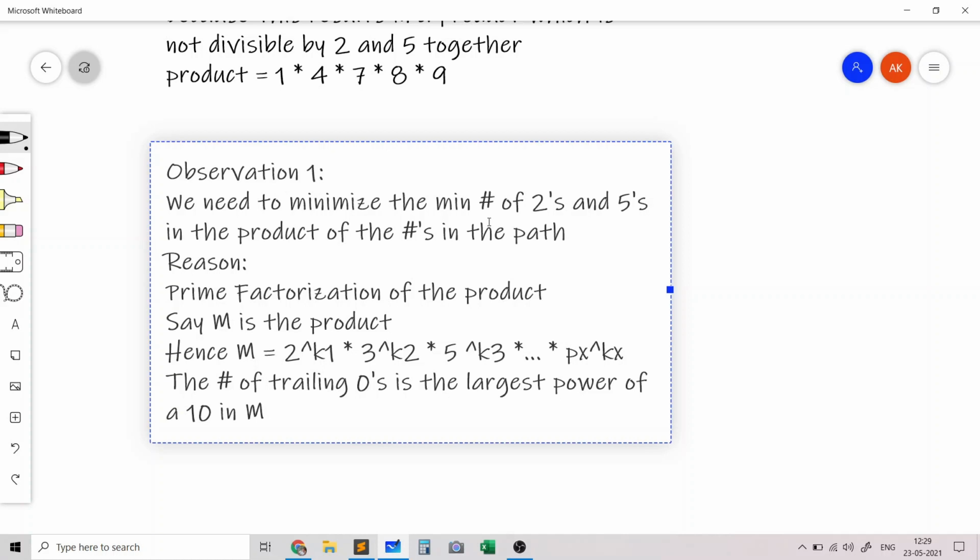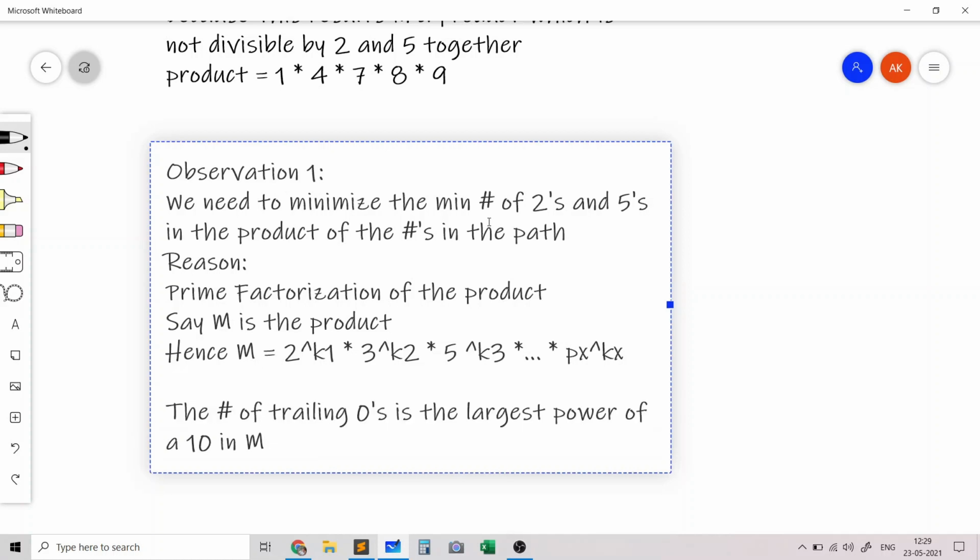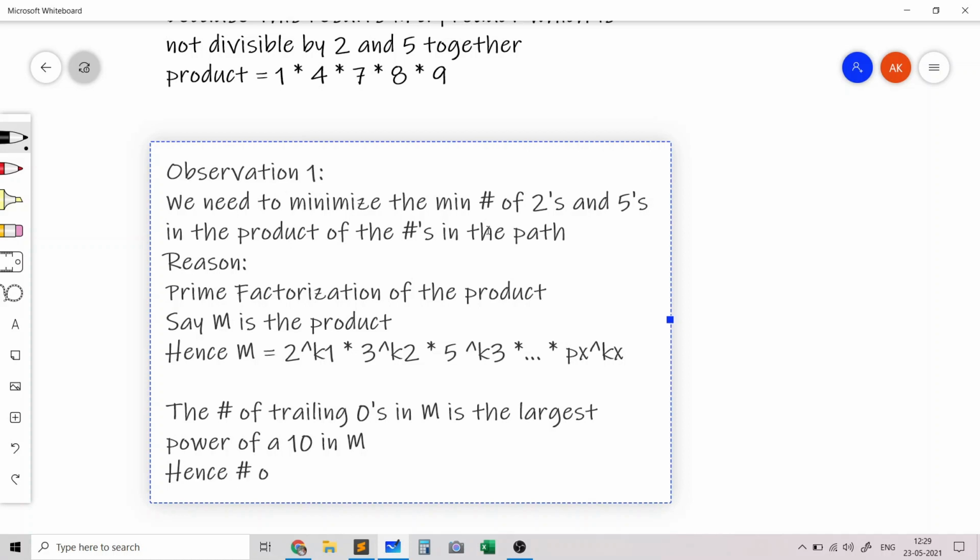So this is the key idea, that the number of trailing zeros in m is the largest power of 10 in m, and this should be obvious. Hence the number of trailing zeros in m is the minimum of k1 and k3.